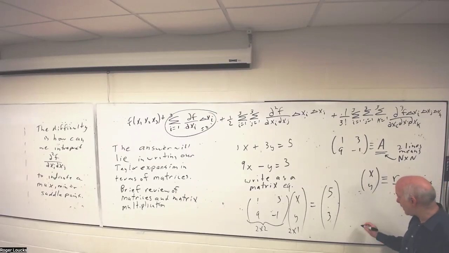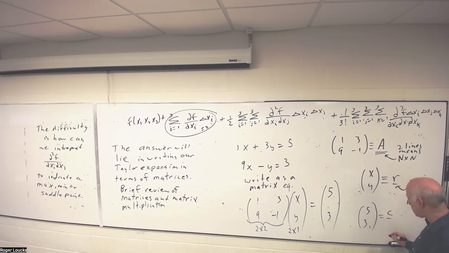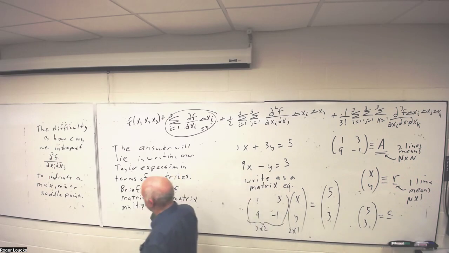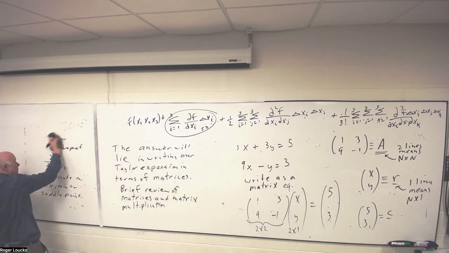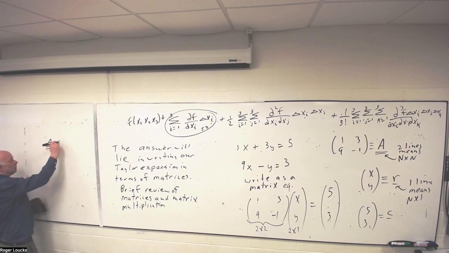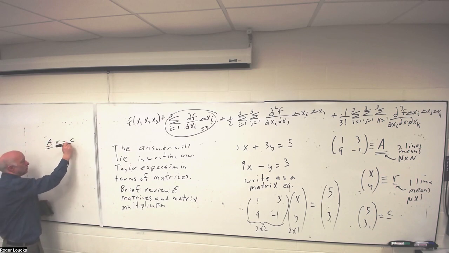And this one here is a constant, so I'll call this 5, 3 a constant with 1 bar under it like that. So I would actually write this in my notation as A R bar equals C bar.